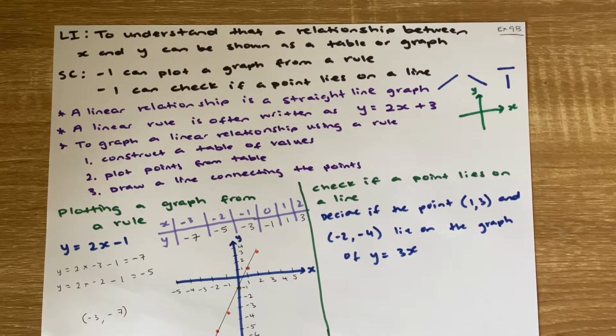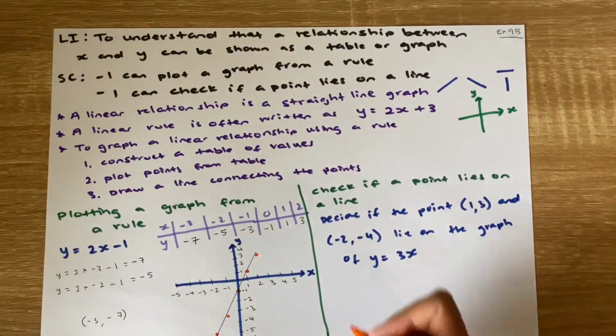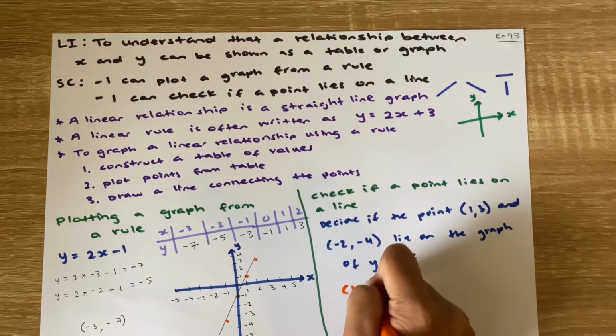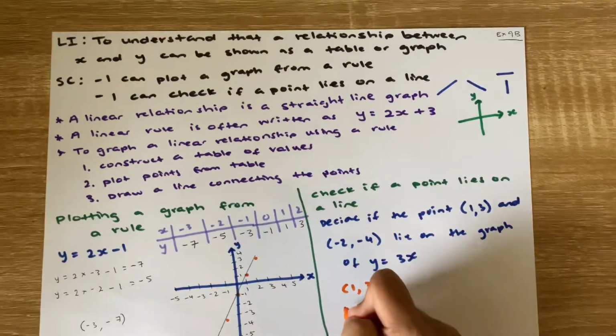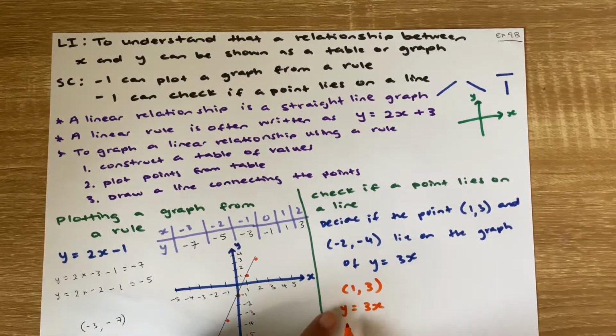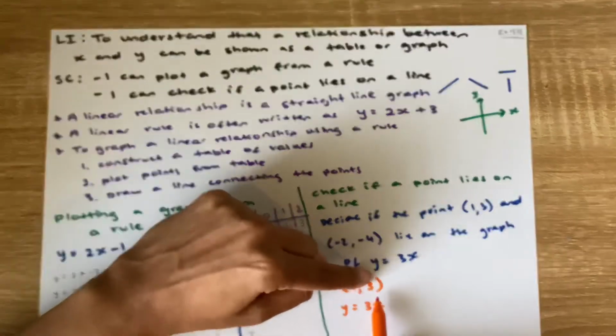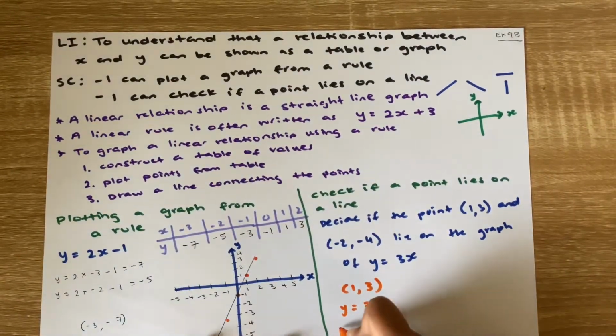So what we are going to do is look at our first coordinate as 1, 3. So I'm going to write that down, 1, 3, and I'm going to write down my rule, y equals 3x. So what I'm going to check is if I substitute the x coordinate, do I get this as my answer? So let's try.